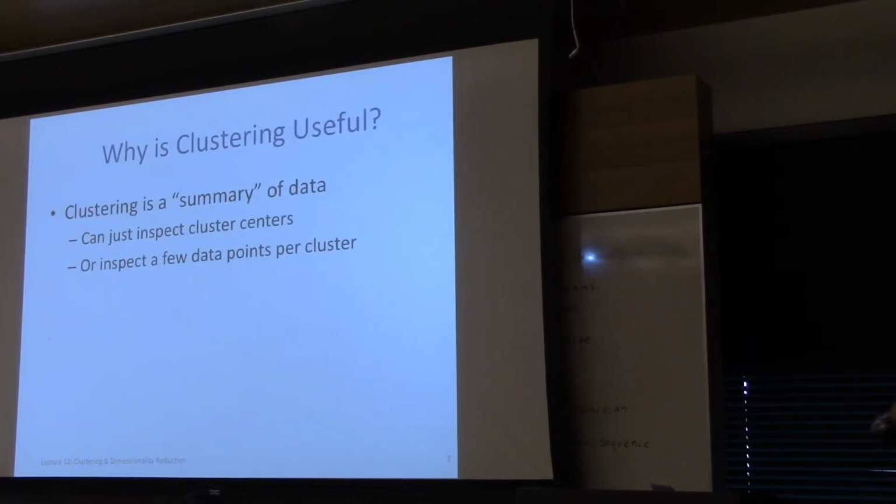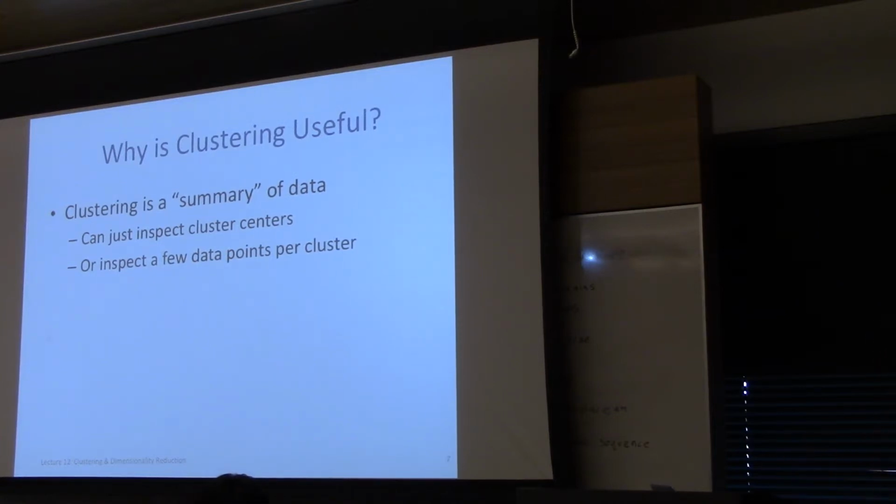So why is clustering useful? You can think of clustering, like many of these unsupervised learning algorithms, as a summary of the data. We can just look at the cluster centers as a summary. For example, if we noticed that the previous data set had 3 clusters, then we can very succinctly summarize that data set using just 3 cluster centers.